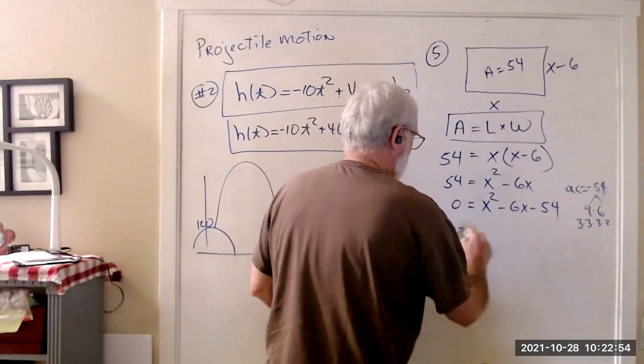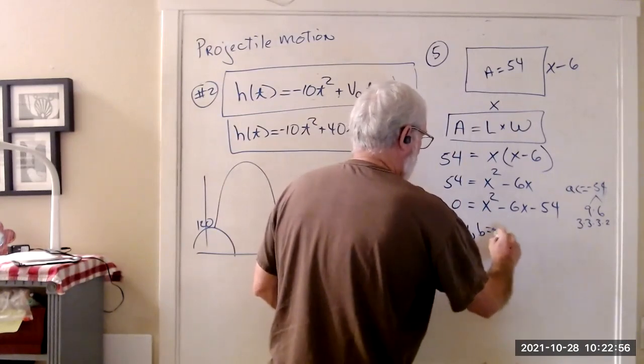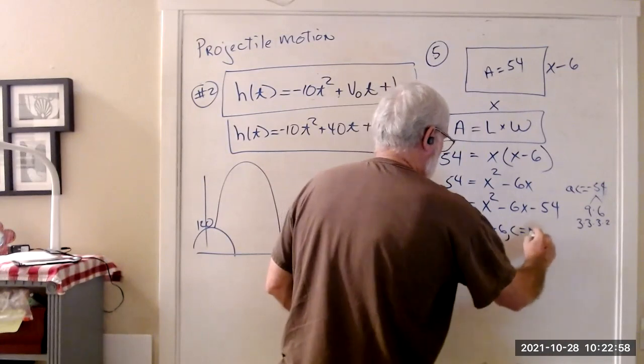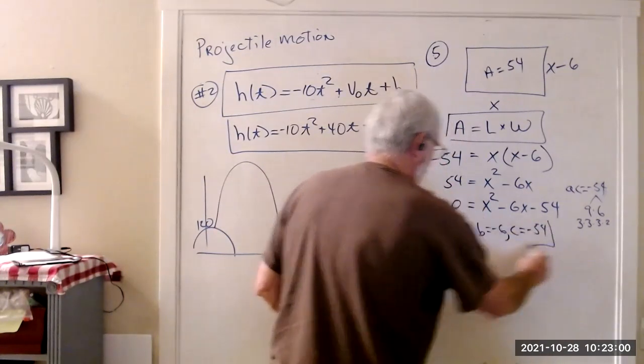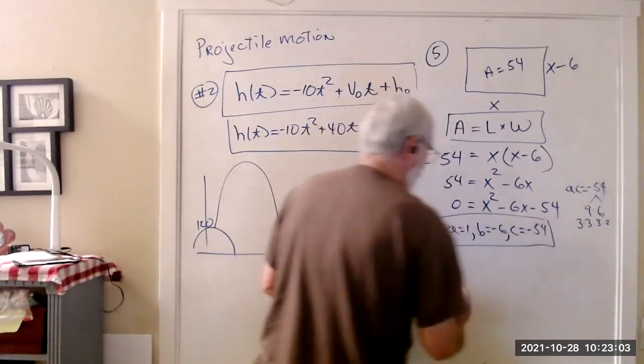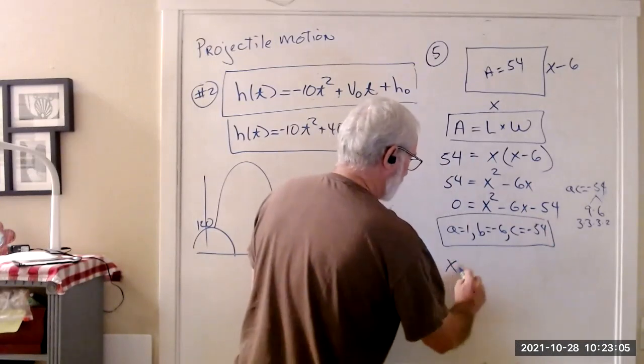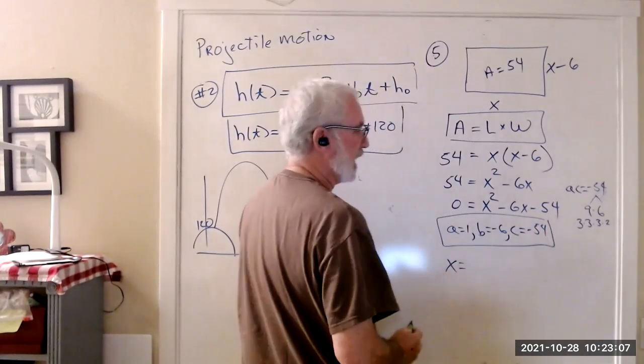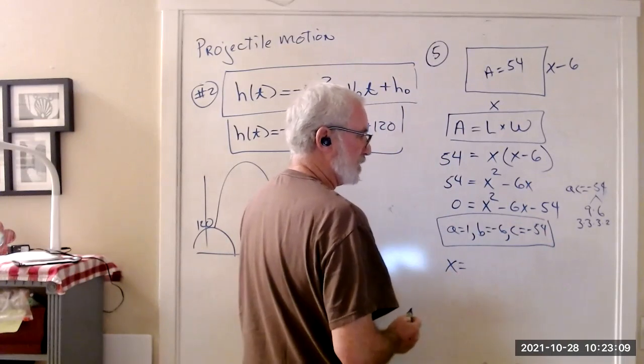So a is worth 1, b is worth negative 6, c is worth negative 54. So quad formula, x is, again, guys, you have to have the quad formula memorized.